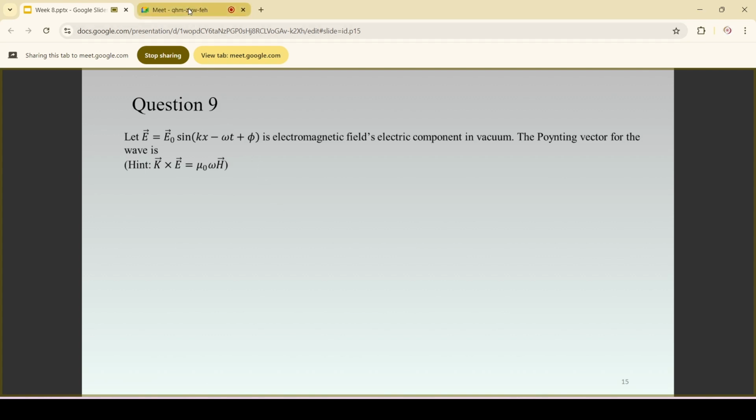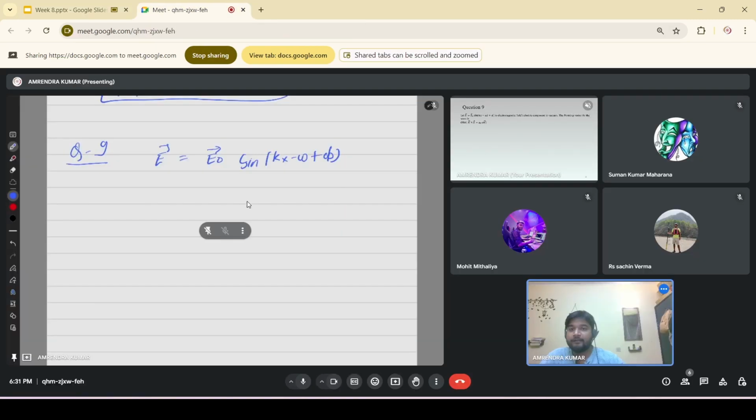Now we have been asked what will be the Poynting vector.